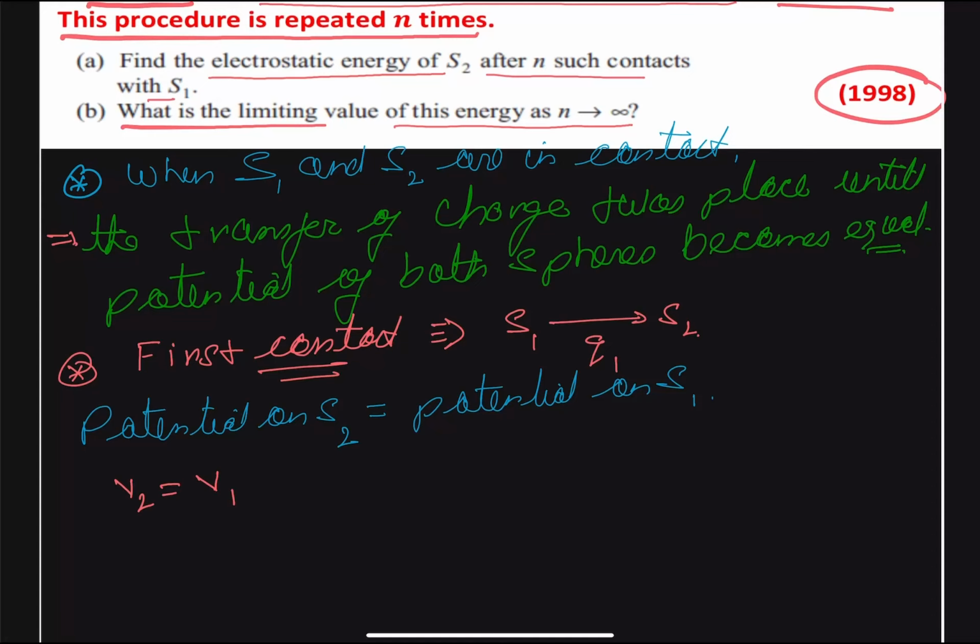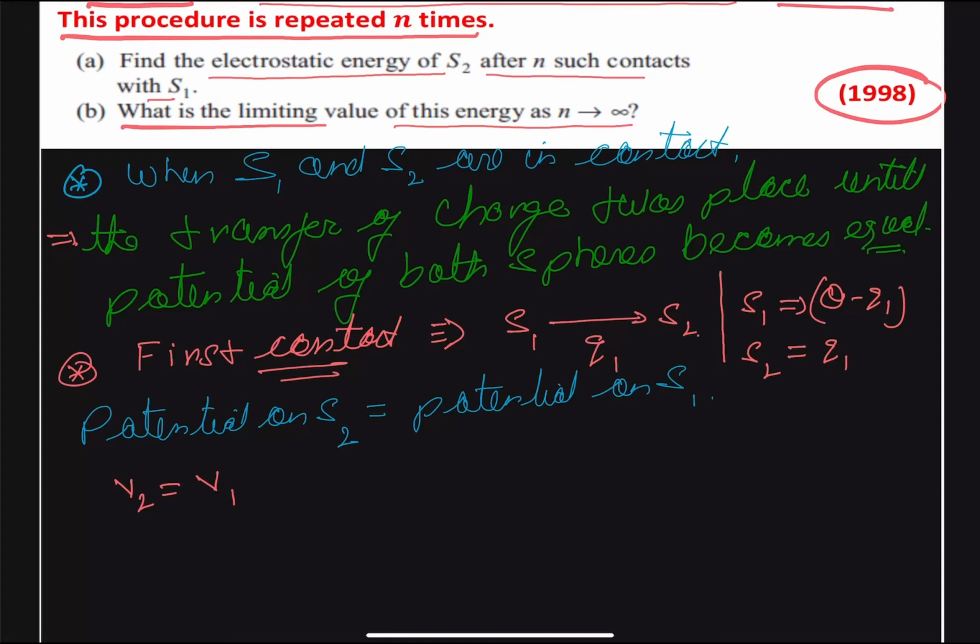Suppose the charge transferred from S1 to S2 is Q1. After the transfer of the charge Q1, the charge left on S1 will be Q minus Q1, and the charge on S2, because the initial charge on S2 was 0, will be Q1.